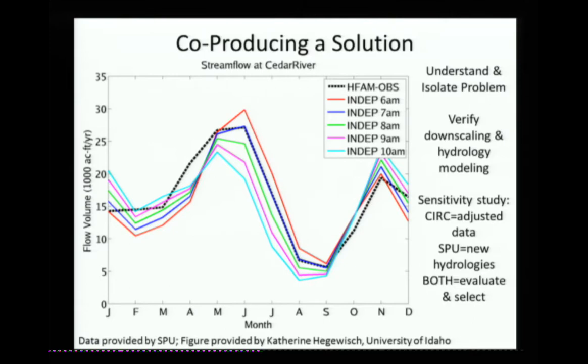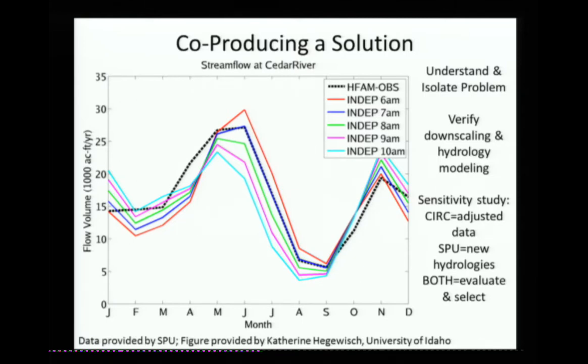And so we have starting the hourly disaggregation from 6 a.m. all the way through 10 a.m. And you'll notice that the later we get into the day, that hydrograph kind of shifts and matches up a little bit better. And it converges on about 7 a.m. perhaps being one of the better time windows to match up with that observed hydrology.